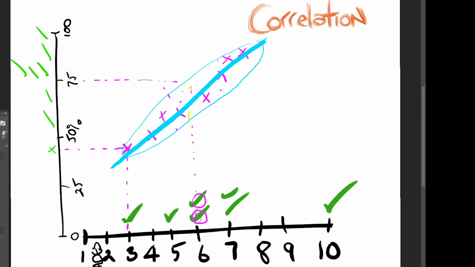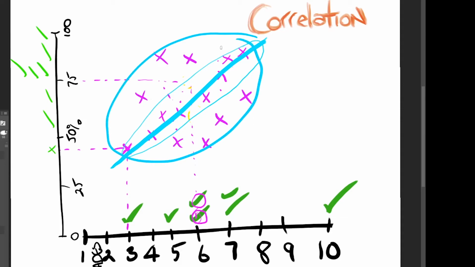Now, if we go back and put a couple of these extra crosses in, so let's say the relationship is not so strong, then we end up with a much broader band in the correlation table, okay?